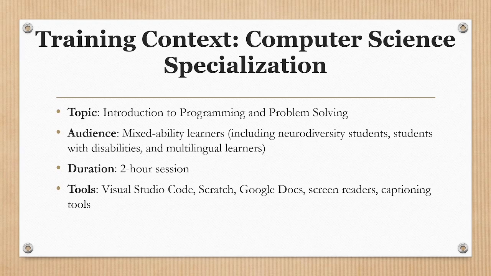The audience is mixed ability learners, including neurodiversity students, students with disabilities, and multilingual learners. Duration: this course is going to take 2 hours. Then the tools we are going to use: Visual Studio Code, Scratch, Google Docs, screen readers, and also captioning tools.